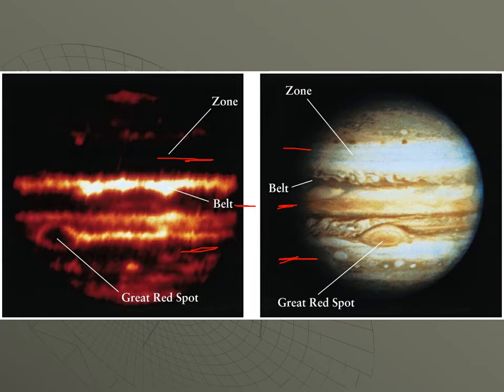They don't give off much infrared. The belts or bands, though, you're seeing into deeper layers of the planet. You're seeing deeper where it's warmer, and so it's shining more in the infrared. And so the belts give off more infrared light because they're warmer.